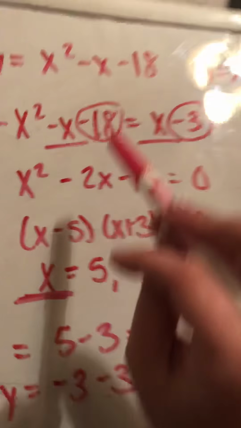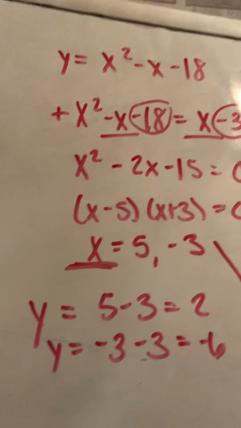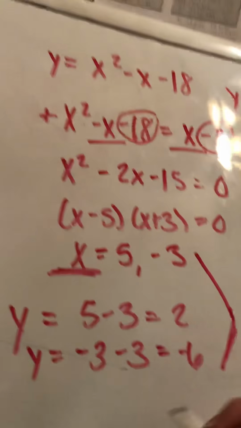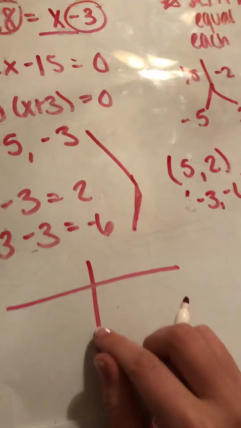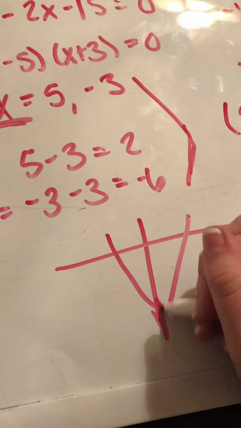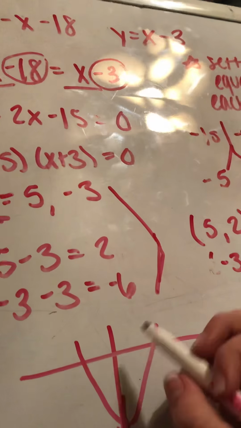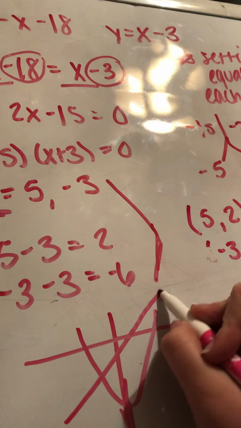And if you would like a visual, x squared is not a linear line. It would look somewhat like you'd have your negative 18. It looks something like that. It is a parabola. It is not a linear line. However, x minus 3 is. So that could look something like this.